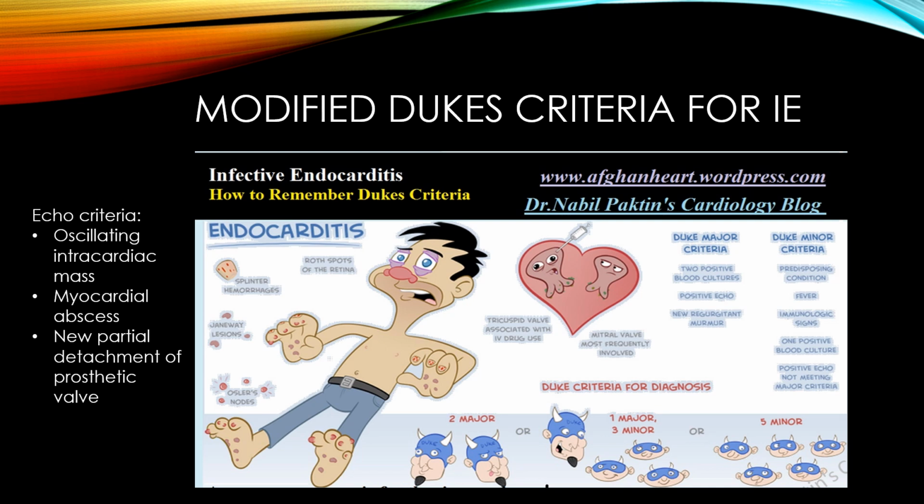Fevers, immunological signs like glomerulonephritis, or any of the peripheral stigmata listed over here, like Janeway lesions, splinter hemorrhages, and so on. Only 1 positive culture, or a positive echo, but it doesn't meet the major criteria. So again, if you had all 5 of these signs here, that would meet the criteria, or at least 1 major and 3 of these minor.